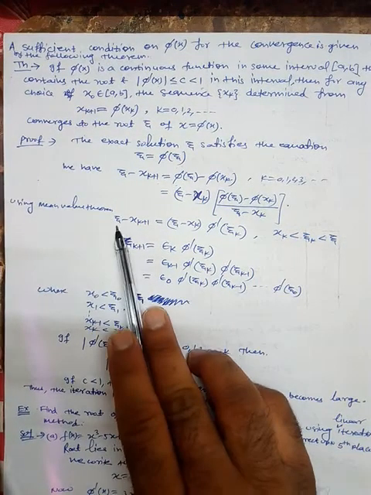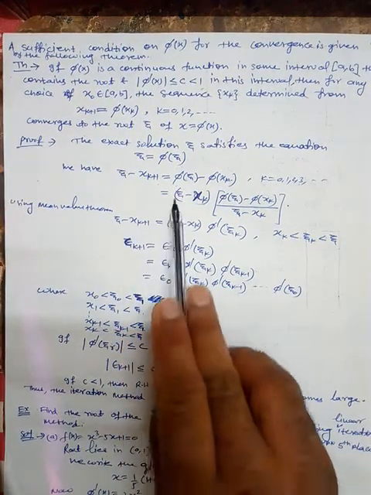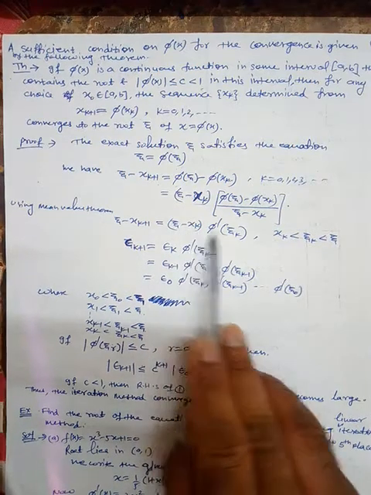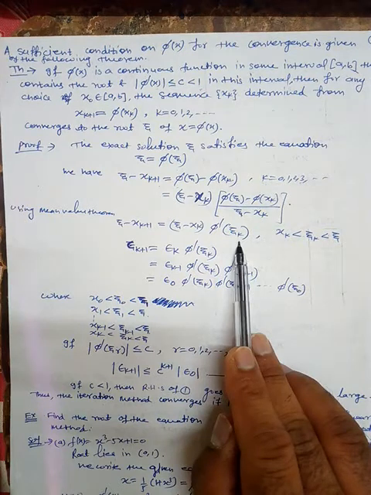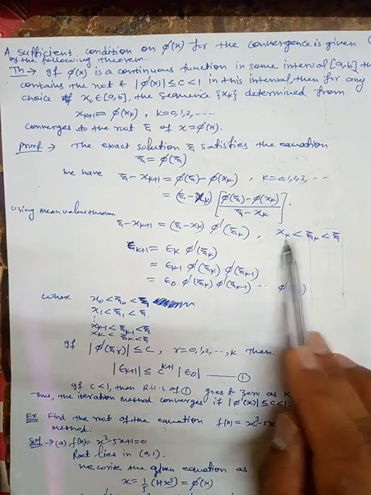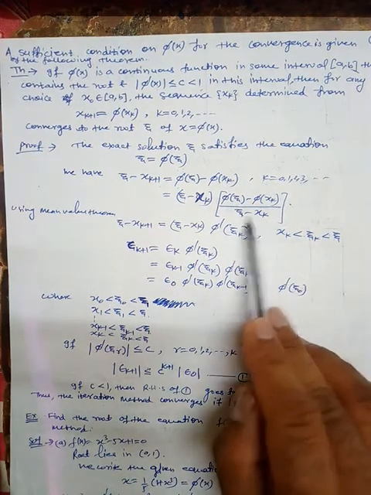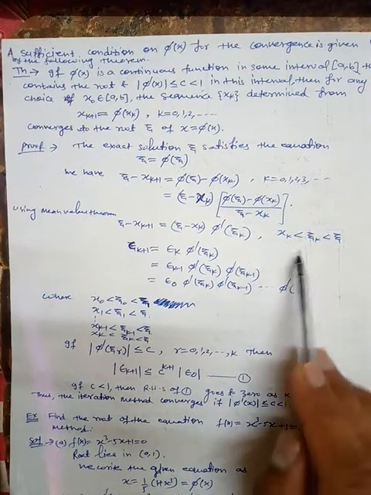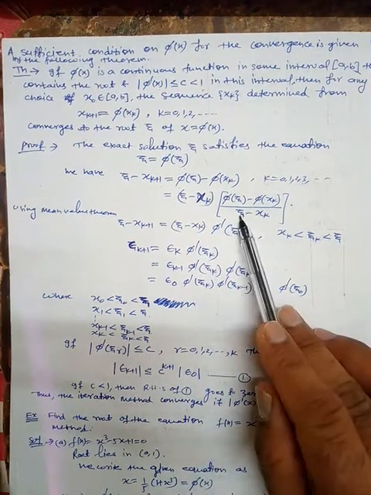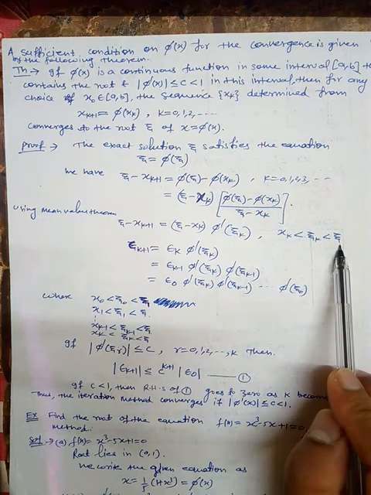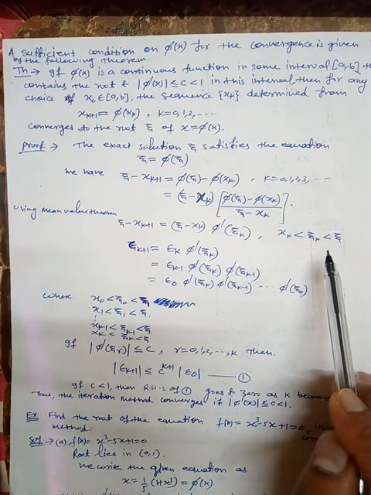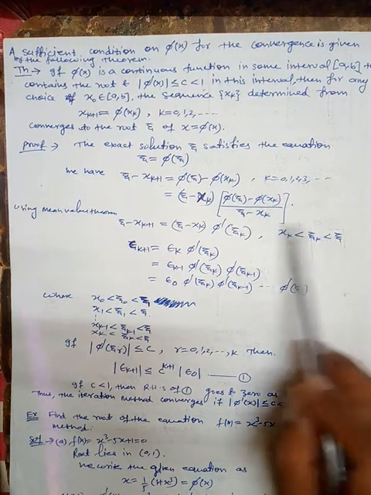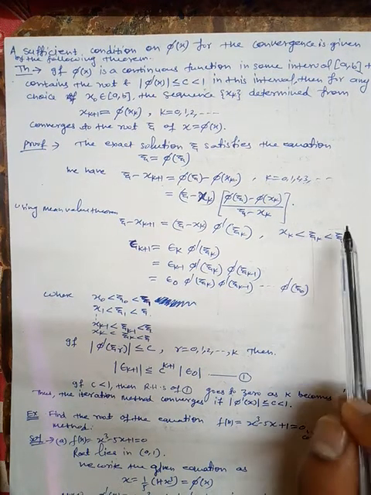So by using the mean value theorem, xi minus xk plus 1 is equal to xi minus xk times phi dash xi k. Here xi k is any point in the interval from xk to xi. You have already studied this in real analysis when differentiability is discussed.